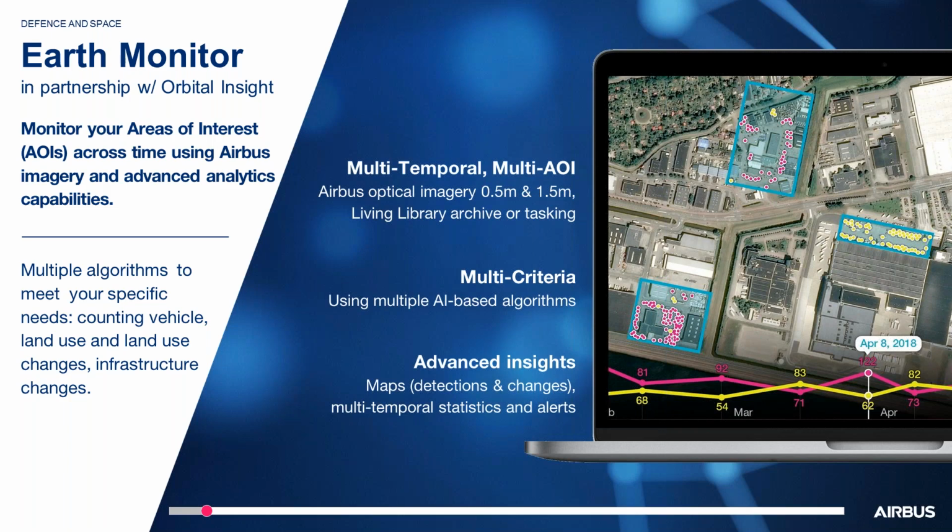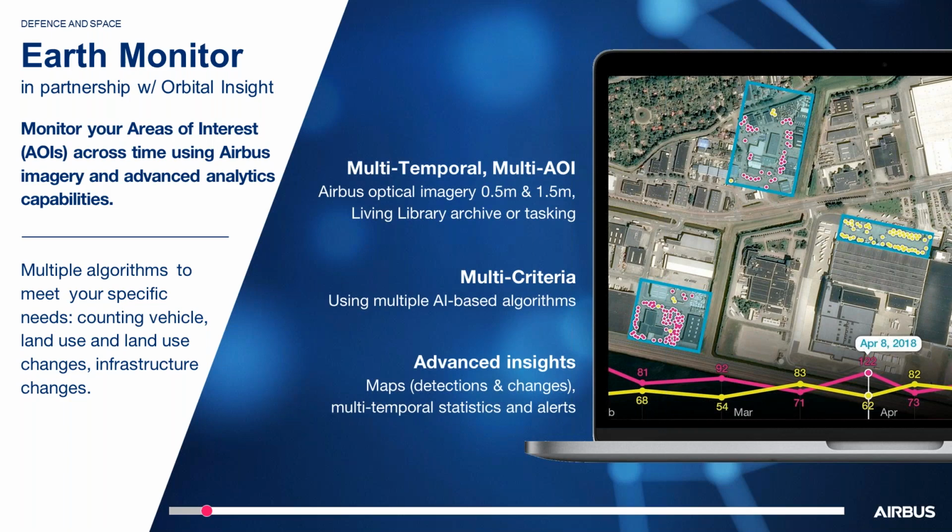The big advantage of Earth Monitor is the capability to provide some advanced insights. For example, you can detect some changes on a map or get multi-temporal statistics and alerts.